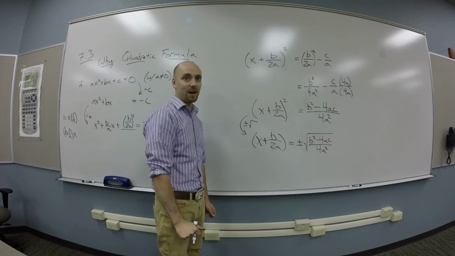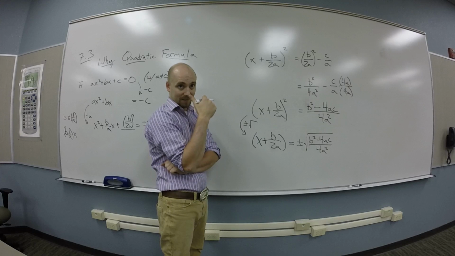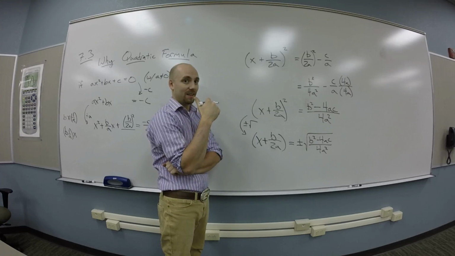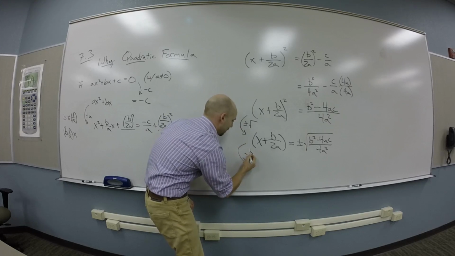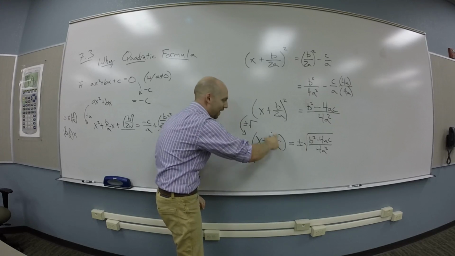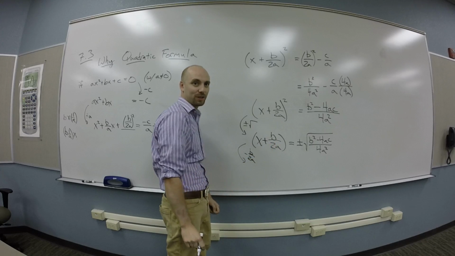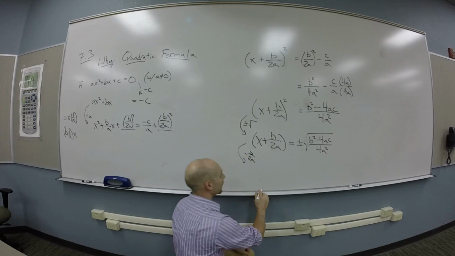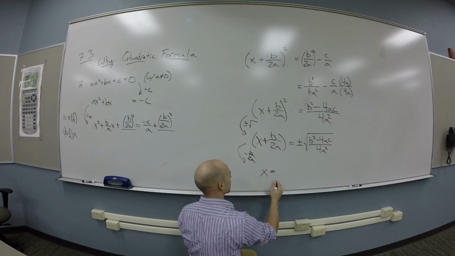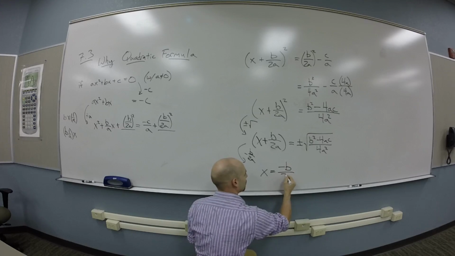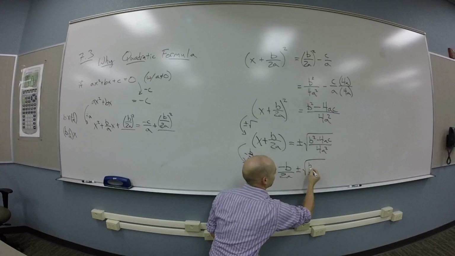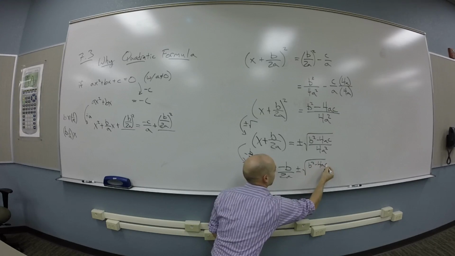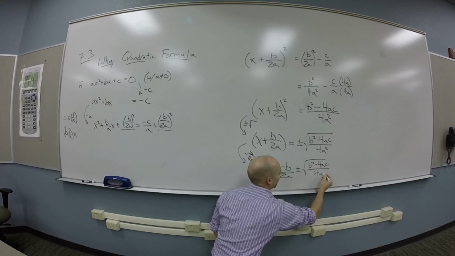Now what? Then you can subtract b over 2a. Yeah, I want to get that thing out of there, so I subtract b over 2a. So I end up here with x is negative b over 2a plus or minus the square root of b squared minus 4ac over 4a squared.